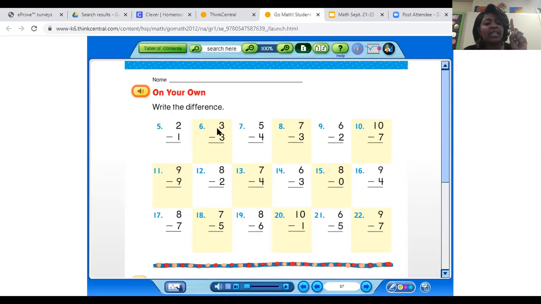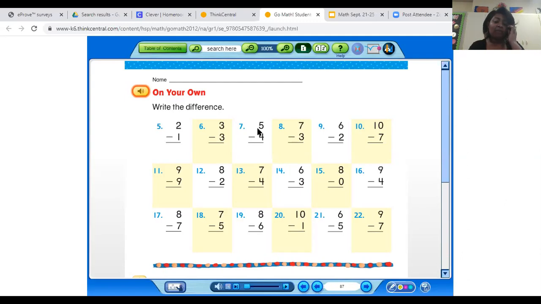Look at number 6. I have 3. I take away 3. How many do I have? 0. Don't have any. I have 5, and I take away 4. 1, 2, 3, 4. 5 minus 4 is 1. Number 8, I have 7. I take away 3. 1, 2, 3.